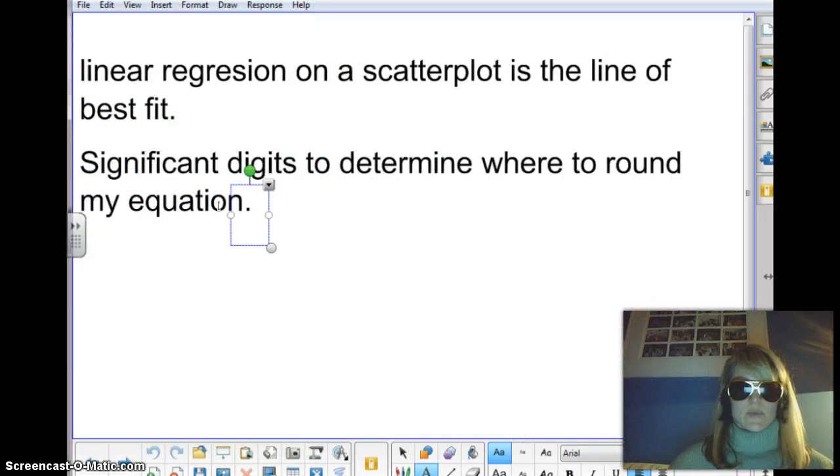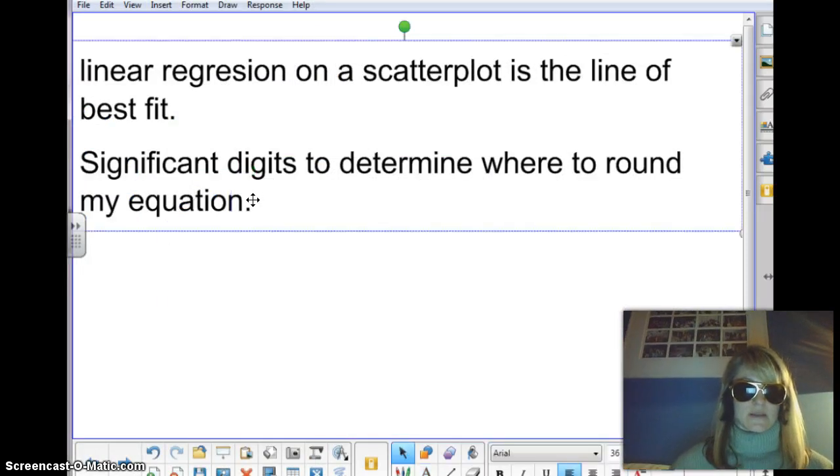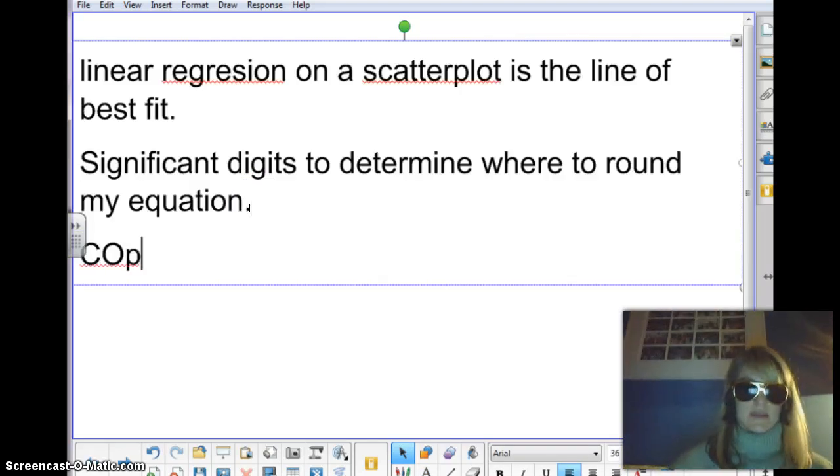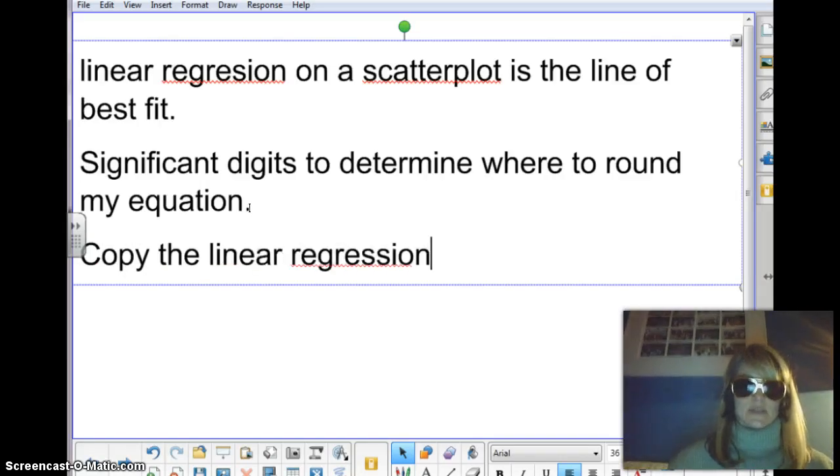So let's write a couple more notes here real quick. All right, so to copy the linear regression, these were the steps we took.